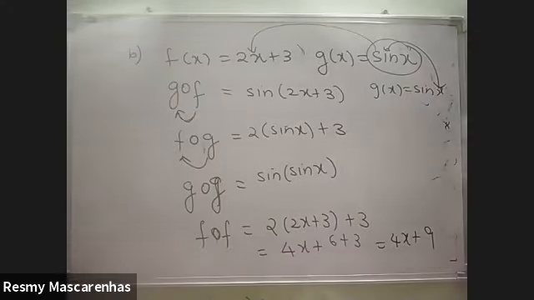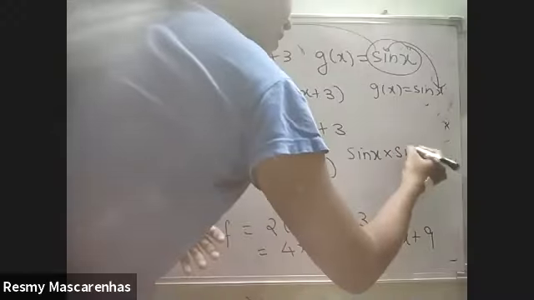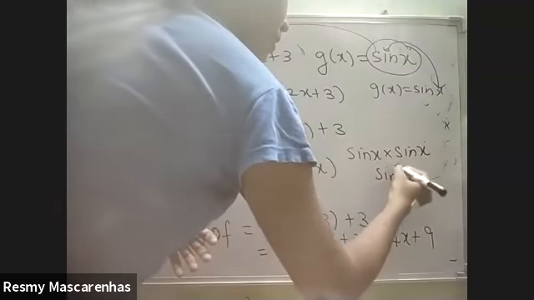Can't we simplify that sine into sine x? Why? Not required. There is no inverse. How can you simplify? You cannot cancel. No, it is not sine square. This sine x into sine x is sine square x.